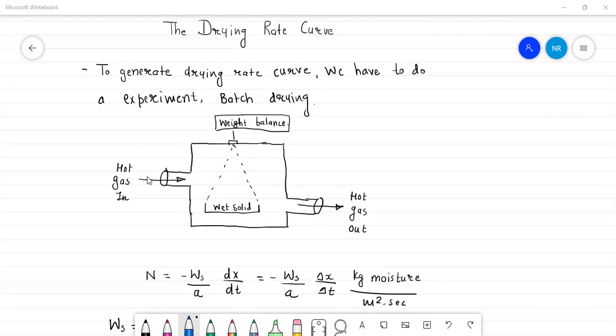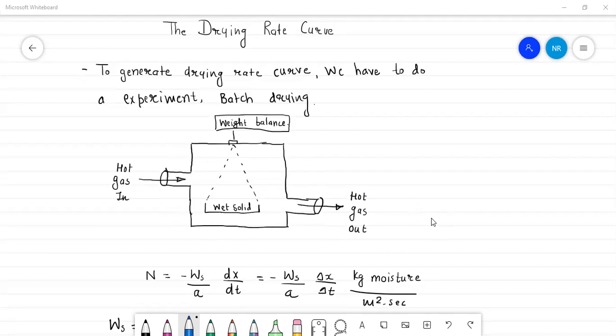Now we have to pass the hot gas in, and then the hot gas will go out. But it is not a continuous gas in and out. First we close the valve of hot gas out, then we add a certain amount of gas here, then we stop the hot gas in valve.